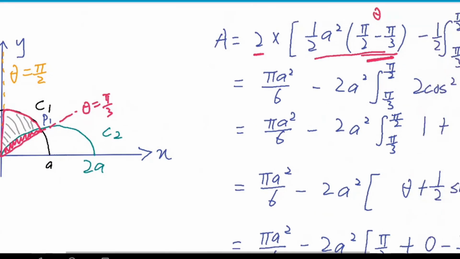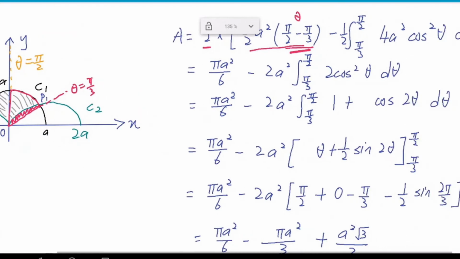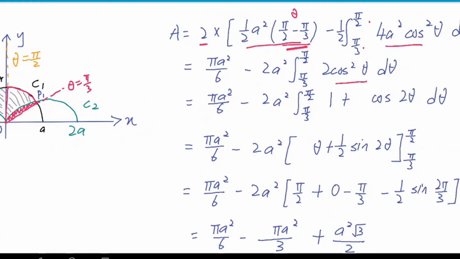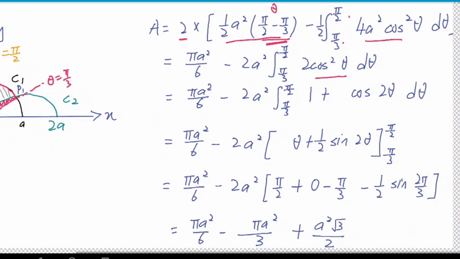So what is that part that I marked just now? It's the integral from pi over 3 to pi over 2 of r squared d theta. So this is the r squared there. Of course, after that, you can expand everything. At the end, we are dealing with all the cos squared, sin squared thingy. So just be careful of all the constants and the coefficients there.